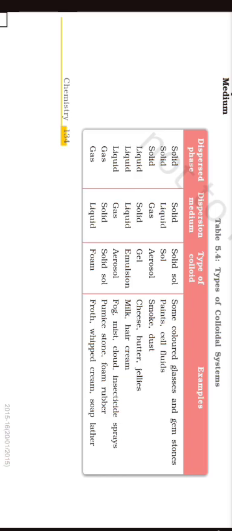Seventh, dispersed phase gas, dispersion medium solid, type of colloid solid sol, example pumice stone, foam rubber. Eighth, dispersed phase gas, dispersion medium liquid, type of colloid foam, example froth, whipped cream, soap, leather.